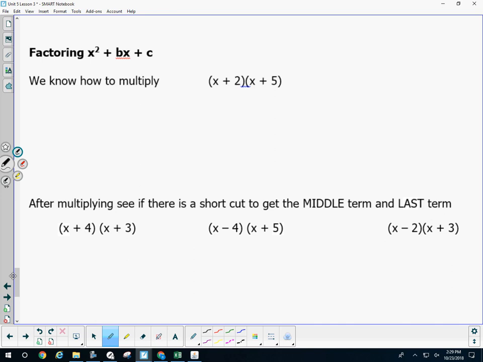We know how to multiply x plus 2 and x plus 5. It's x squared plus 5x plus 2x plus 10.